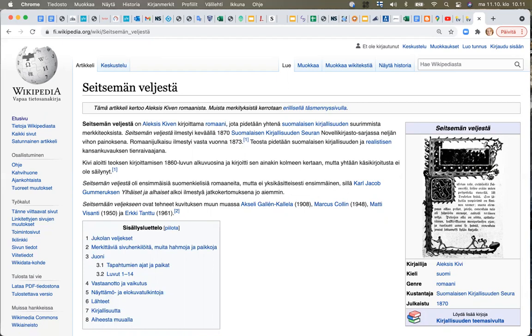Well, I have actually read it a couple of times. And I think it's one of the most misunderstood novels of Finnish history, because it's actually a comedy, and it's really funny when you start reading it. Once you get over the old kind of Finnish language, then it's hilarious.